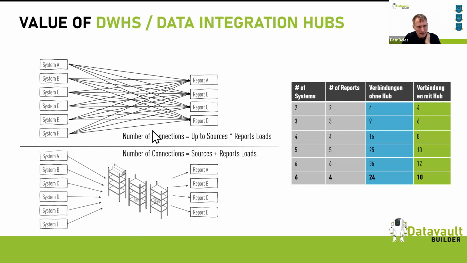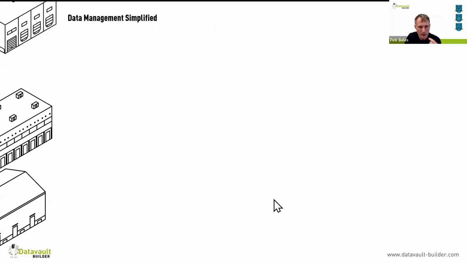If we replace these connections between all the elements with a central data hub, it reduces complexity and documents everything we need. But creating the central data hub is not that simple, and this is what the Datavault Builder helps you with on top of Microsoft Fabric.